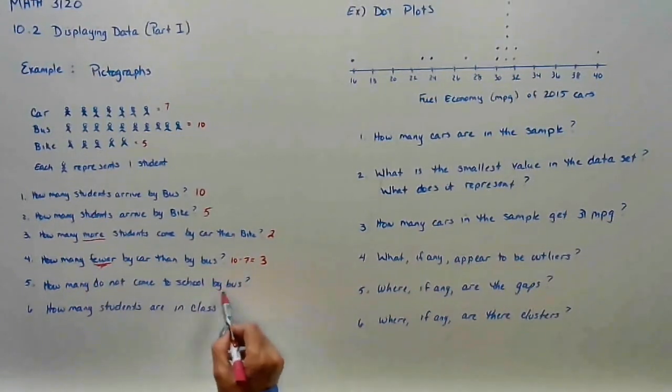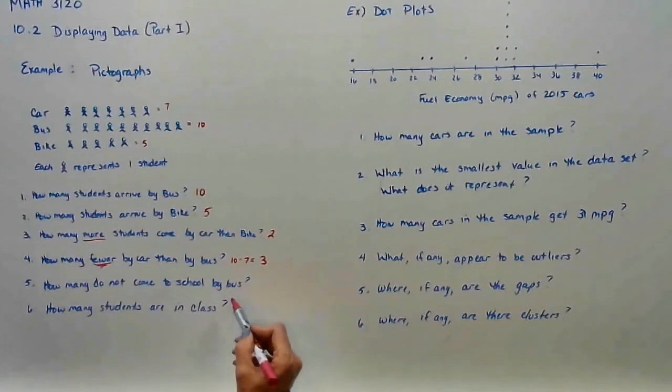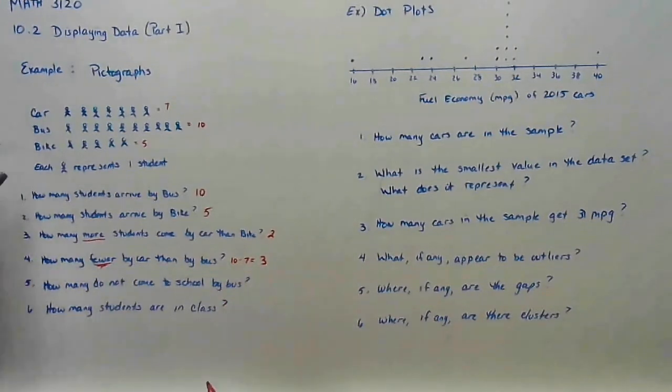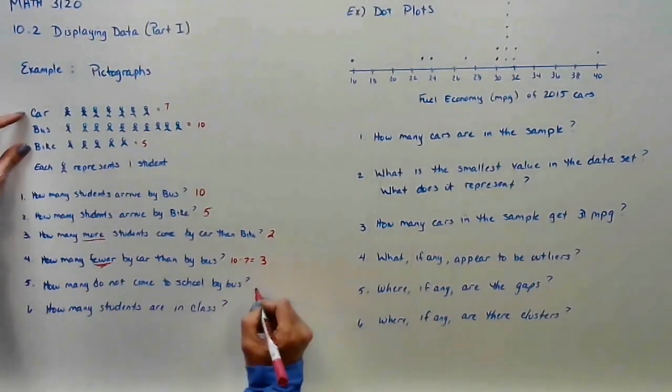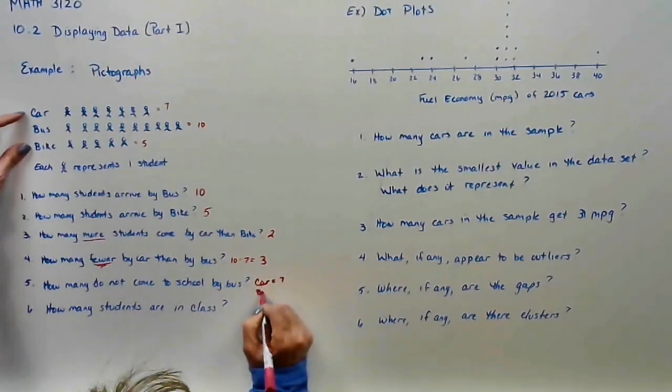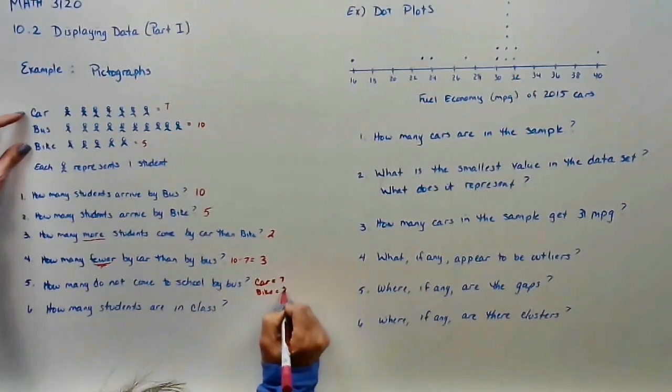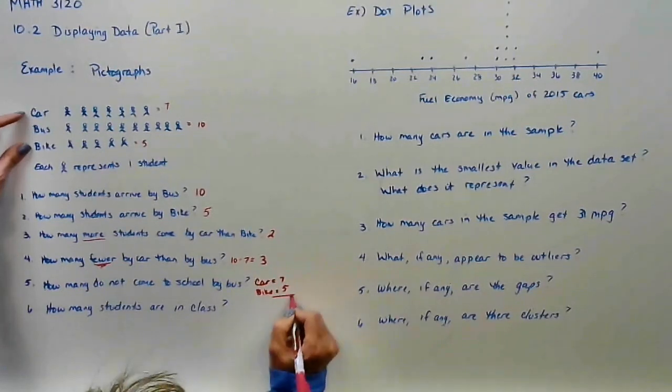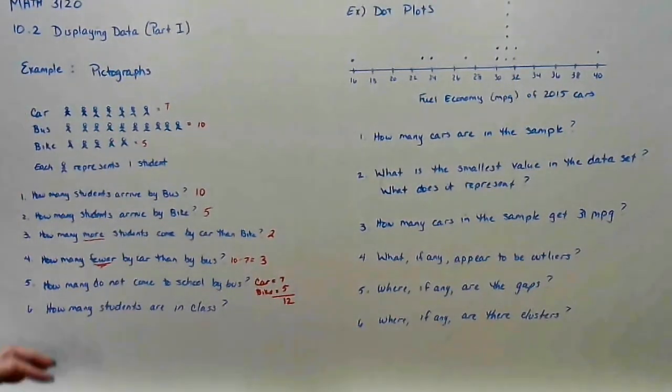If it's not by bus, then this gives us an opportunity to talk to them about, okay, if it's not by bus, what is it? Well, if it's not by bus, it is by car and bike. So car equals 7, bike equals 5. So there's a total of 12 that come by not bus.